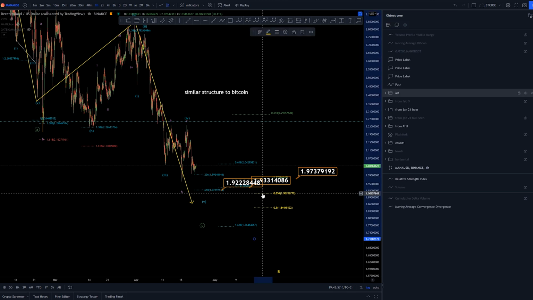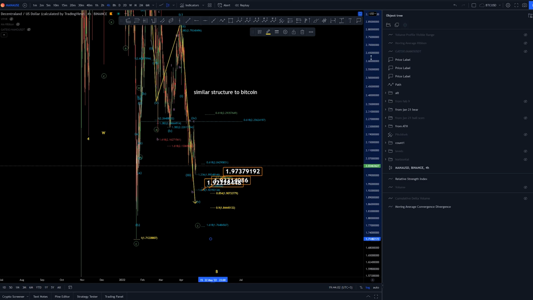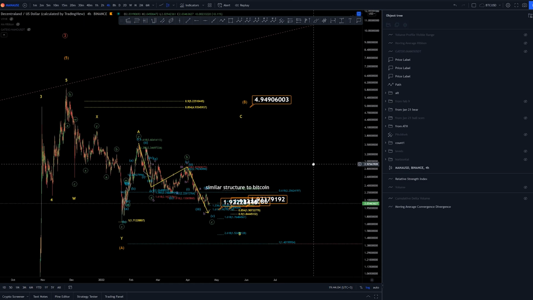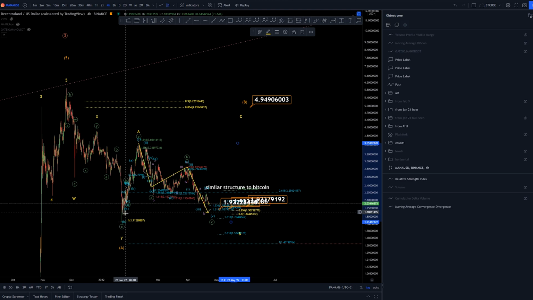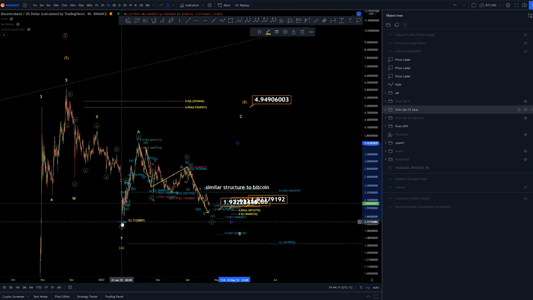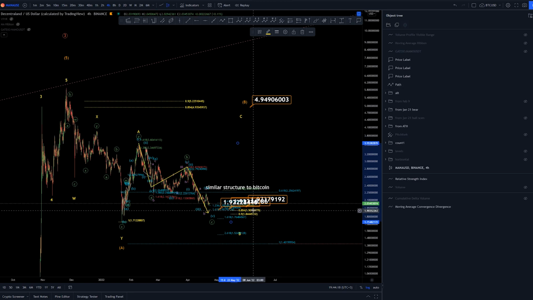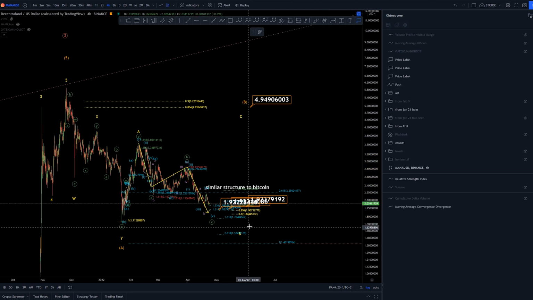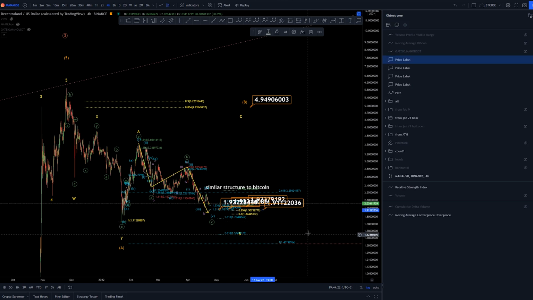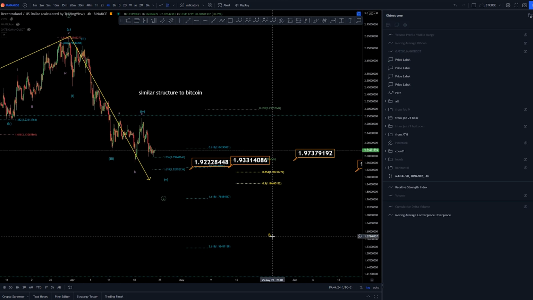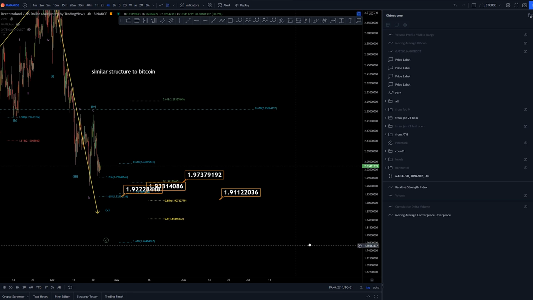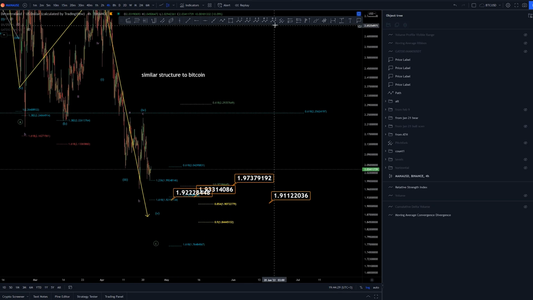The 85% retracement of this yellow move, which is this structure again for this A wave, is a retracement from the start here, or the lows of 22nd of January to the highs of 9th of February, and we are coming down to targets at $1.90. So we are having loads of different targets around this area.